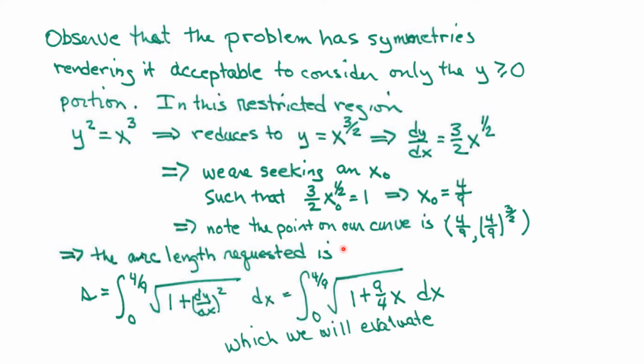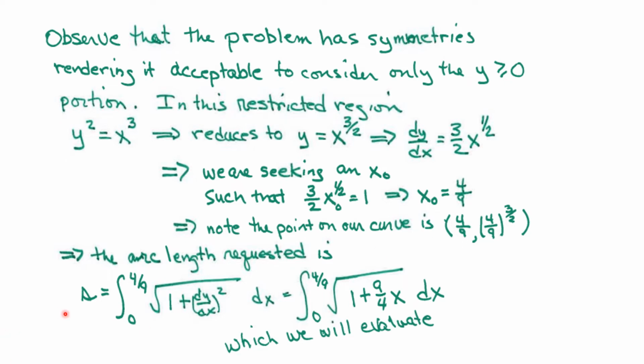You should notice that the point on our curve then is 4/9, comma, and the y is found by substituting in here, so that is 4/9 whole to the 3/2. I'll plot this point later, but that's the point that we want. The x value is 4/9.